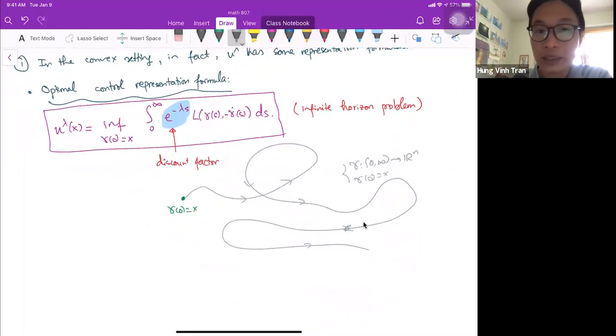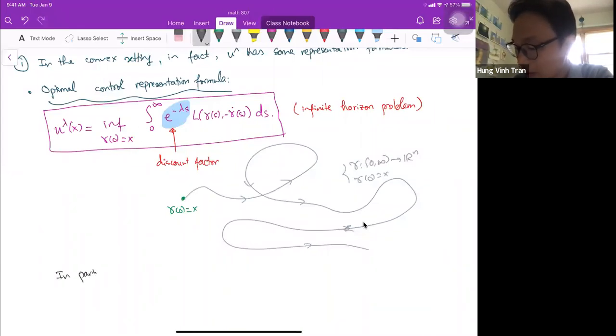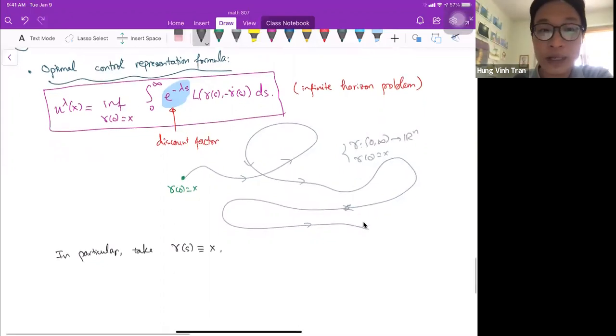And you can also see that if you use this formula, you can see right away that in particular, if you take gamma s to be just x, then you can also find a bound for u lambda, right?